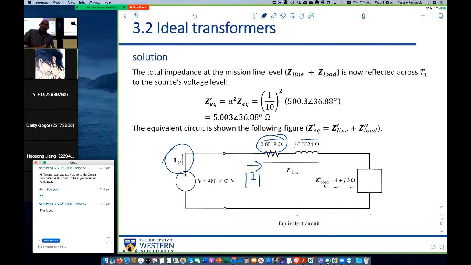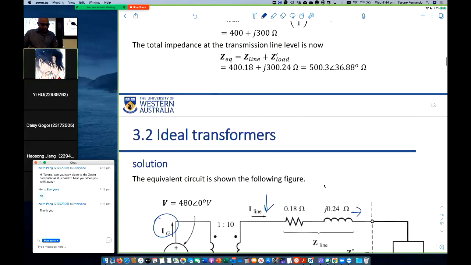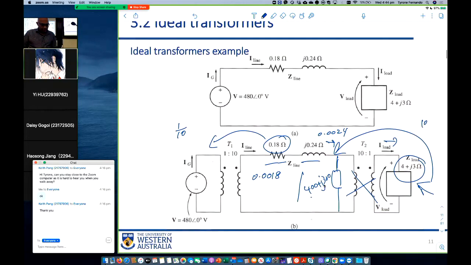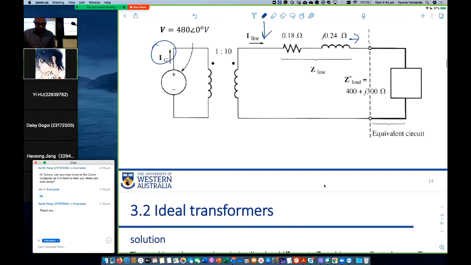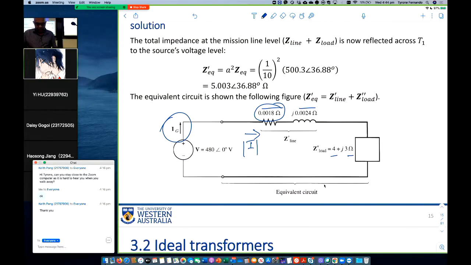You reflect from the secondary to the primary of the transformer on the right, which is essentially the secondary of the transformer on the left. Again, you reflect it back to the primary of the transformer on the left, and you end up with this circuit. The current that you compute is actually this current here, because you kept reflecting it from right to left. You keep getting the generator current.